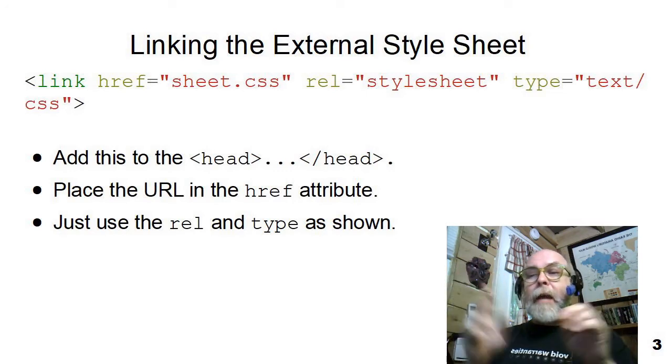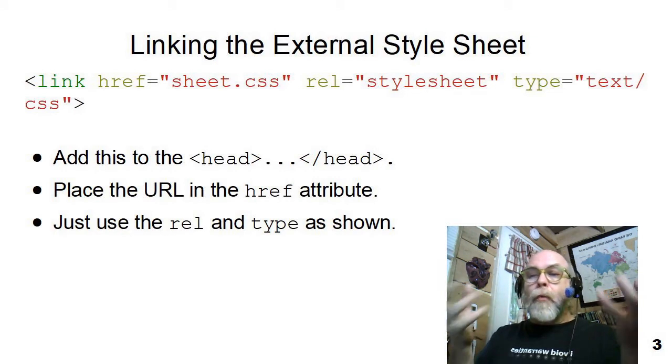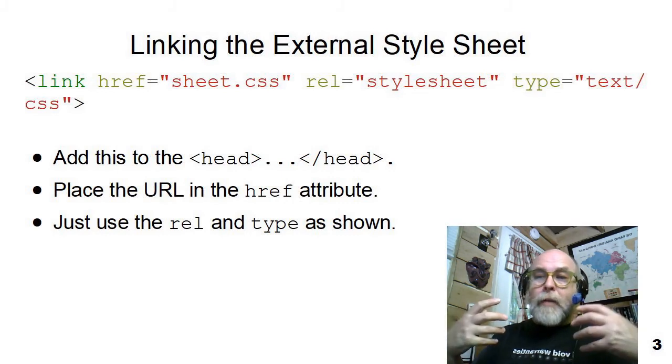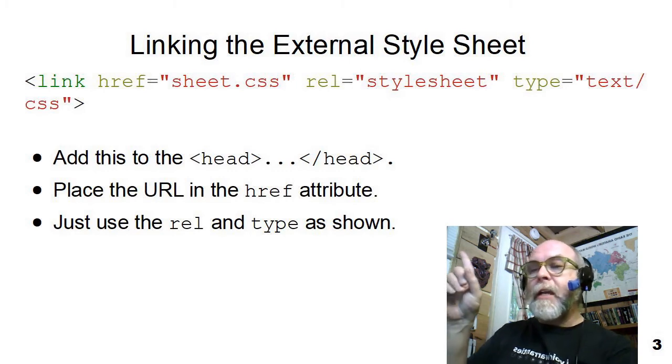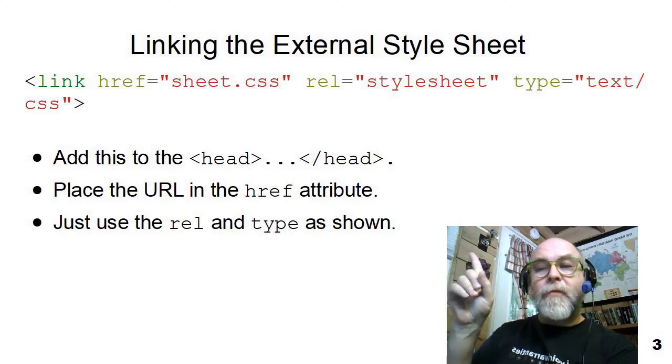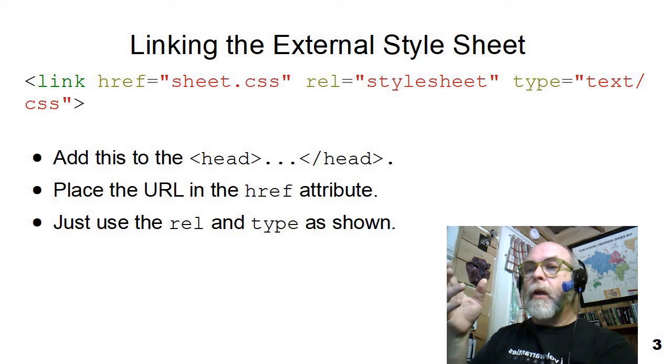The rel and the type, just leave them alone and be sure that you do that the same way, because that tells the web browser what we're linking in and why it would want to link it in, because, oh, it's a style sheet. So be sure that the URL in the href matches the file name that you have on your hard disk that you've saved into your folder exactly.